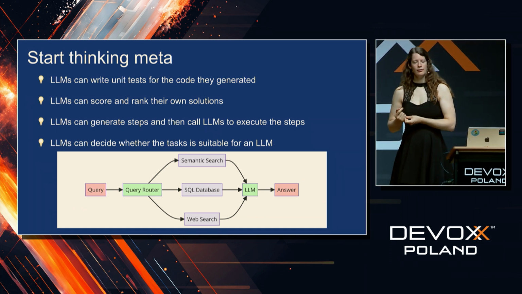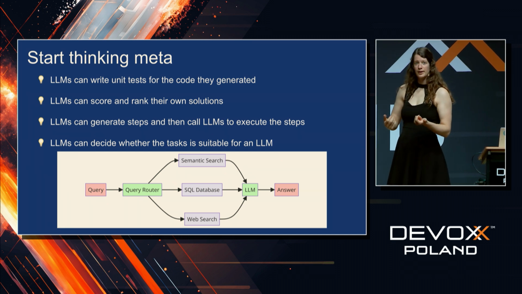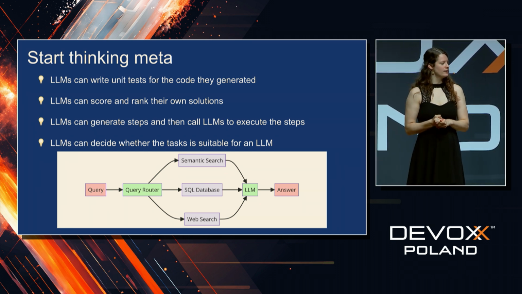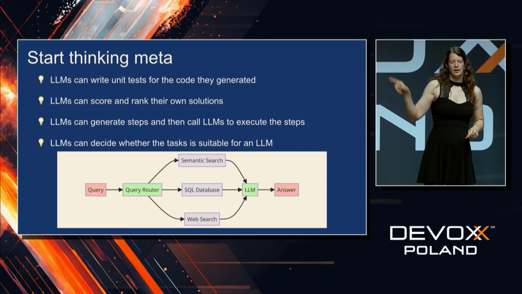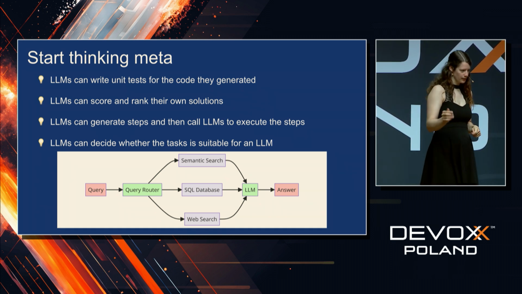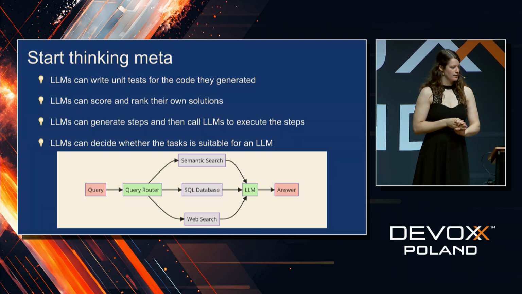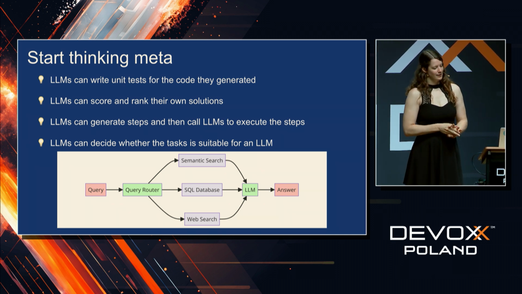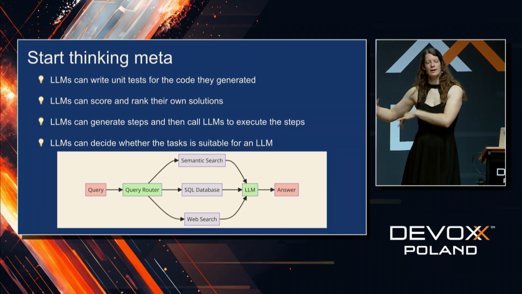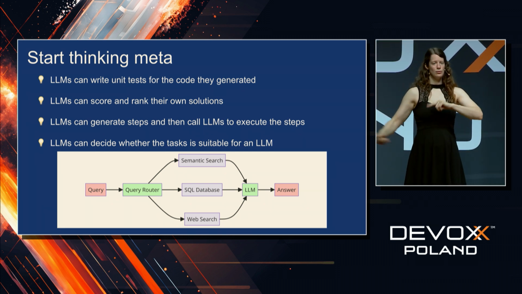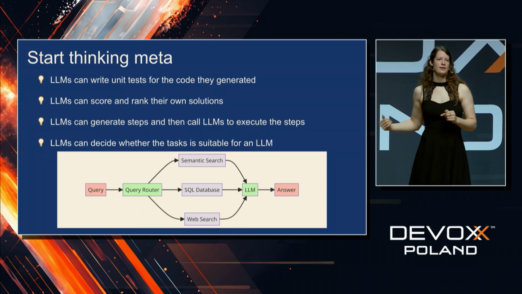LLMs are smart enough, they can give you an answer. They can sometimes hallucinate an answer that's not correct and that they just invented. But then they can also go check themselves if it's true, or if the solution is good, or which would be the best approach in the end. They can generate steps that should be followed, and then they can actually call LLMs to perform these steps, step by step.